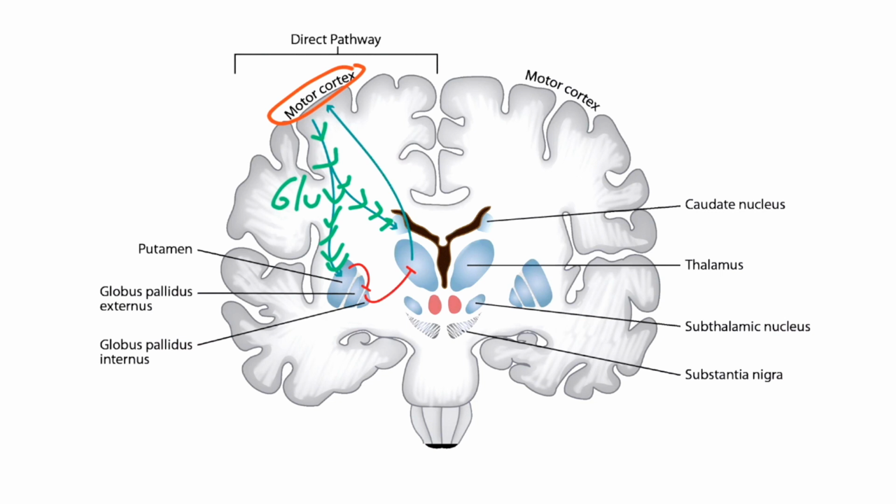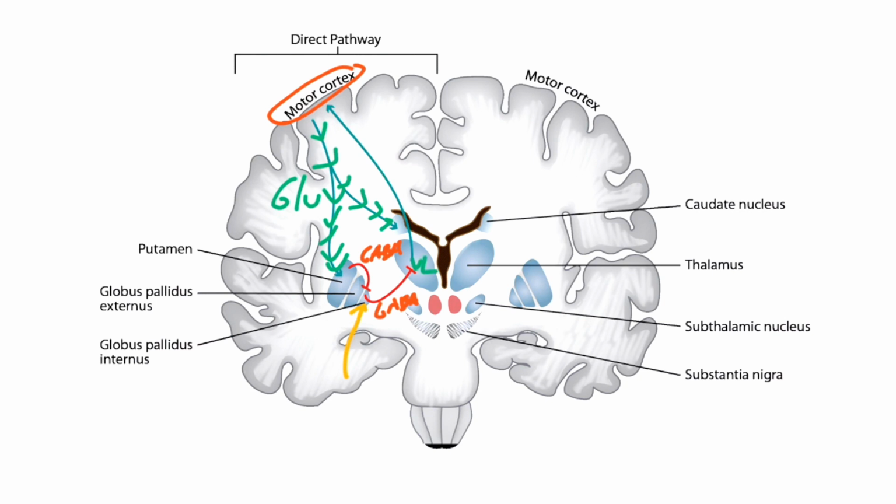So now the putamen is activated, and it releases GABA, which acts on the globus pallidus internus, as you can see right here. Now GABA is inhibitory, hence the red arrow.